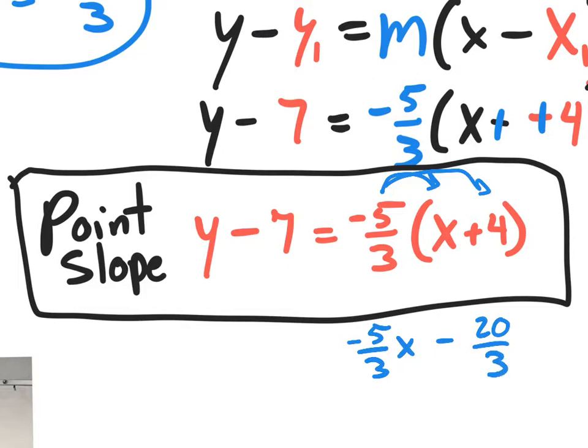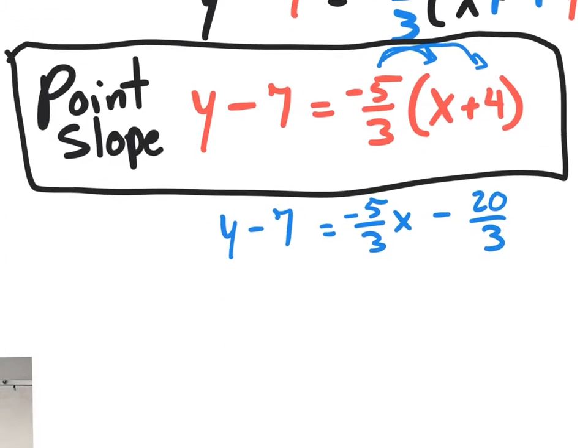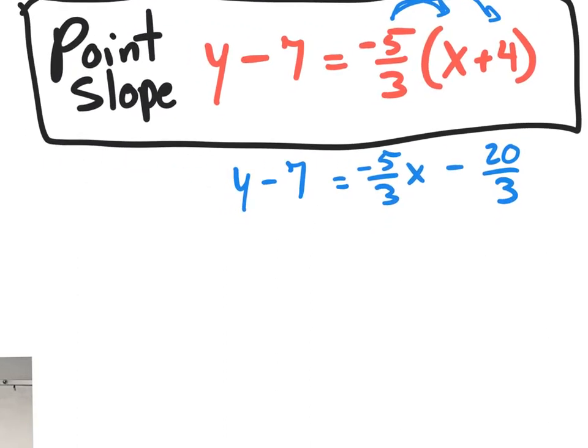If you put an invisible 1 right there, 3 times 1 is 3. But I'm not going to write it because that's our answer for point slope. Anyway, we still have the equal sign, and we still have y minus 7 on this side. So far, I have gotten rid of the parentheses. So it's up to you. Do you guys want to change the blue equation to standard form, or do you want to get it to slope-intercept form?